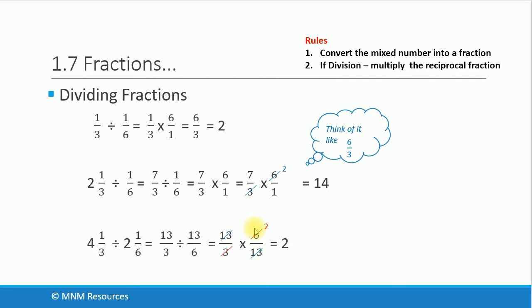So 3 divided by 3 is 1, and 6 divided by 3 gives you 2. We have two same numbers, 13, so both of them can be divided by 13, and we can cut both of them off, remaining with a 1 and a 1. So you have 1 times 2 is 2, and 1 times 1 is 1. So your answer is 2 by 1, which, as any whole number divided by 1 is the same as that whole number, means your answer in this instance is 2.